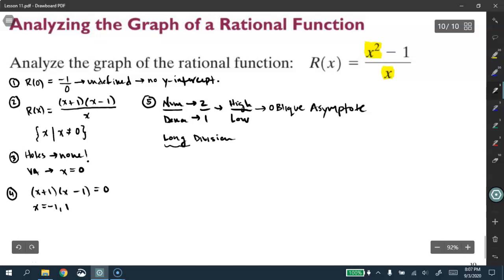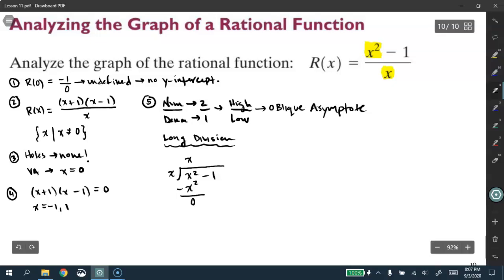In long division, you take the x and divide it into x squared minus 1, so the denominator goes into the numerator. You ask yourself, how many times does x go into x squared? X times. So x times x gives you x squared. You switch the sign, and that gives you 0.